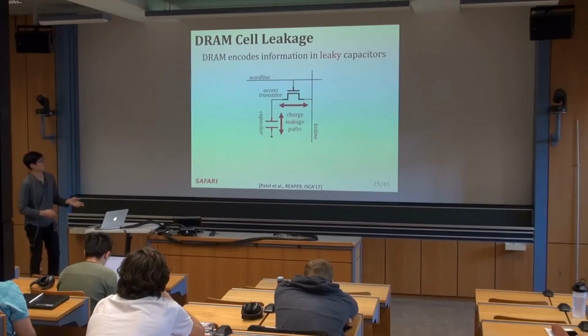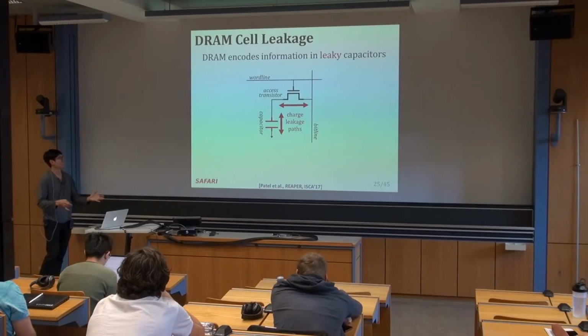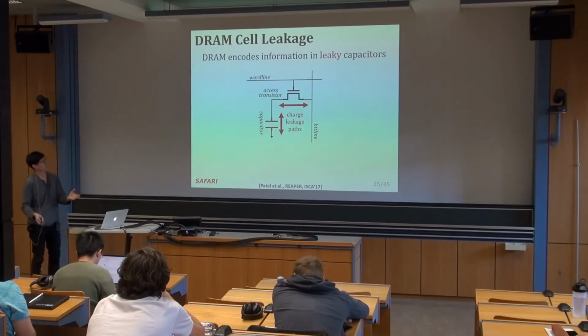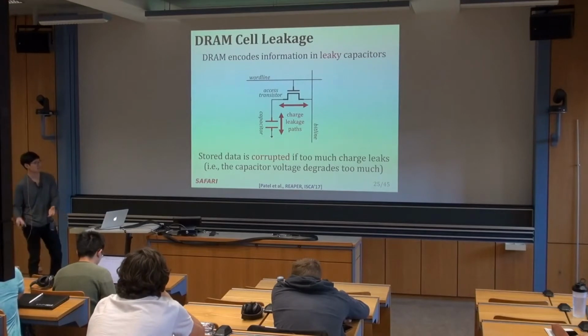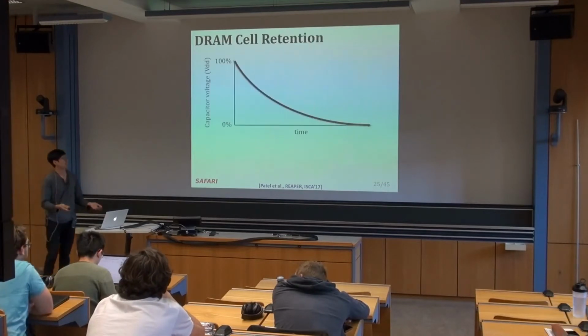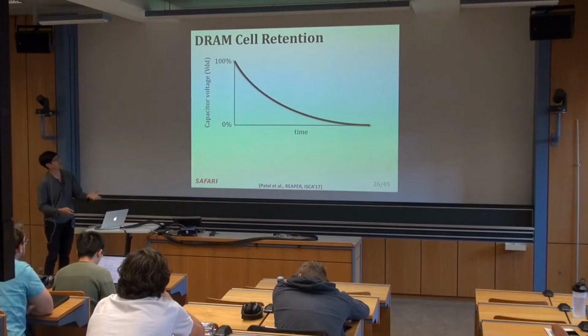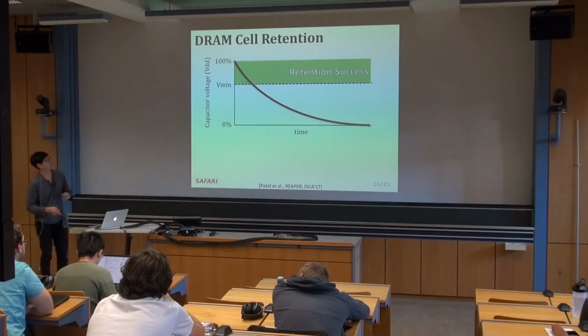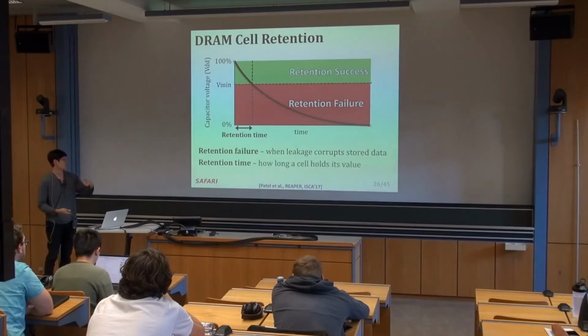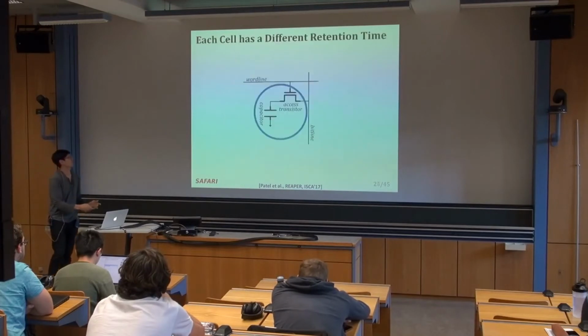We have these leakage mechanisms, and if enough charge leaks from the capacitor or into the capacitor, then the stored data is corrupted and there are failures. Here we have the exponential decay of the charge, and Vmin indicates whether you can correctly read the cell or not. Above it is a retention success, below is a retention failure, and the retention time is indicated by when that exponential decay crosses the Vmin threshold.